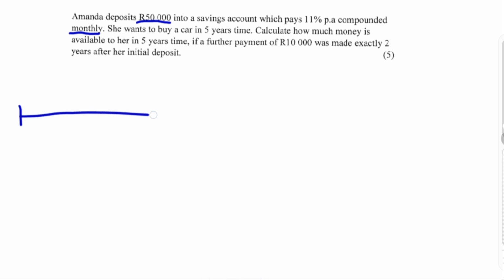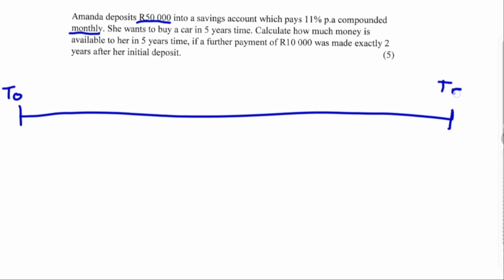So the investment, we have T0 up until T5, and this is in years. So she deposits 50,000 rands, so we will say plus 50,000 rands, and 2 years later, she deposits 10,000 rands.